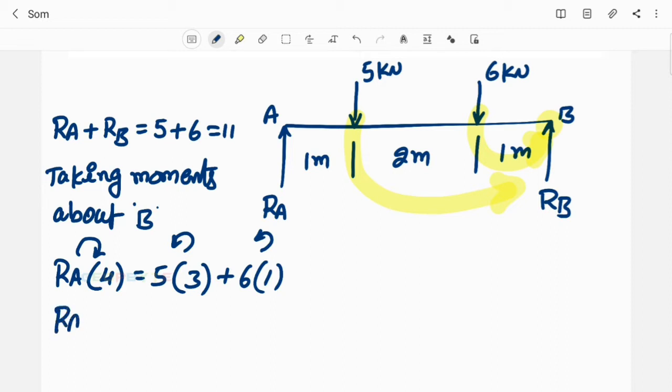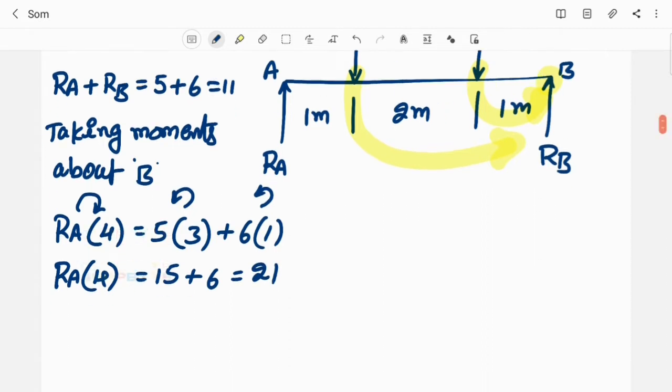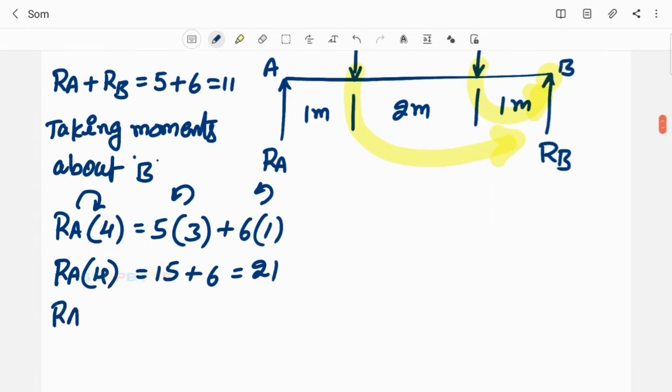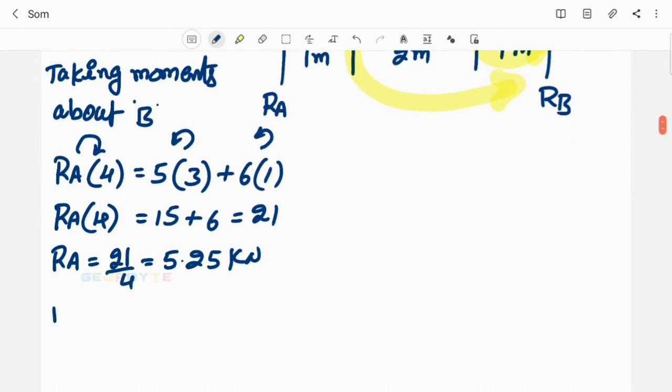Then RA into 4 is equal to 15 plus 6 equal to 21. Then RA equal to 21 by 4, which is equal to 5.25 kilonewtons.